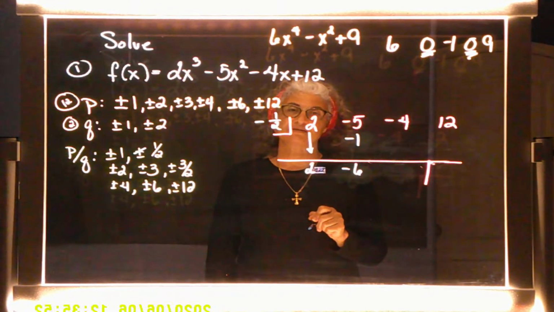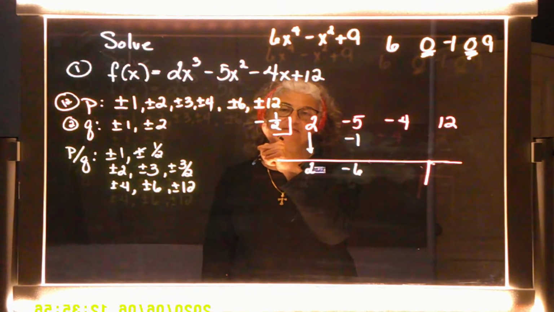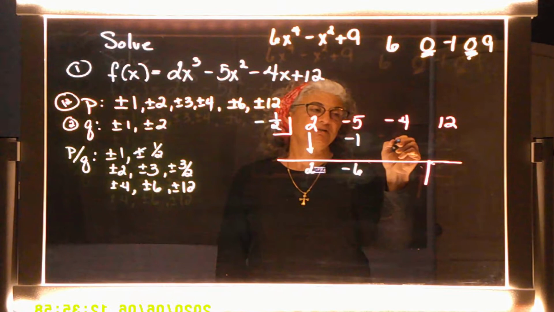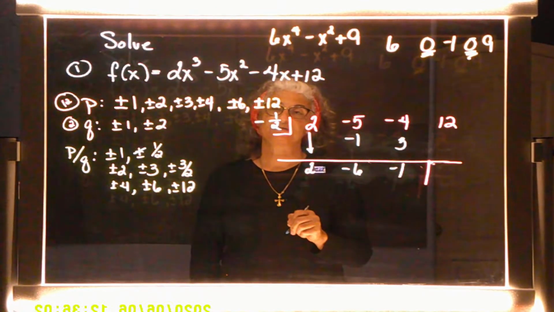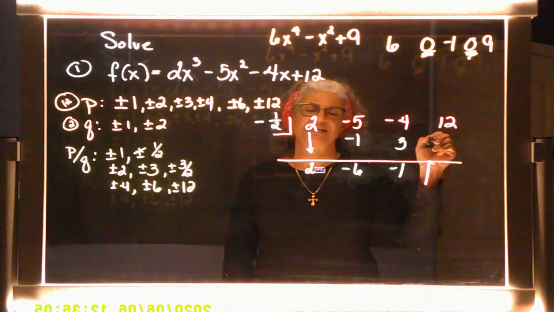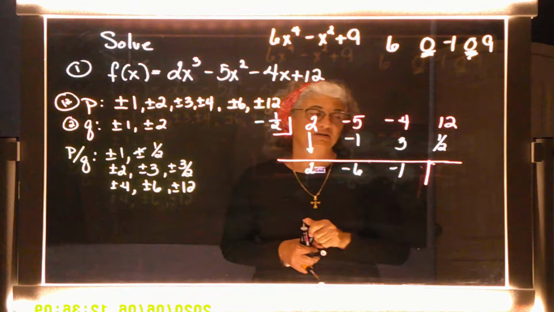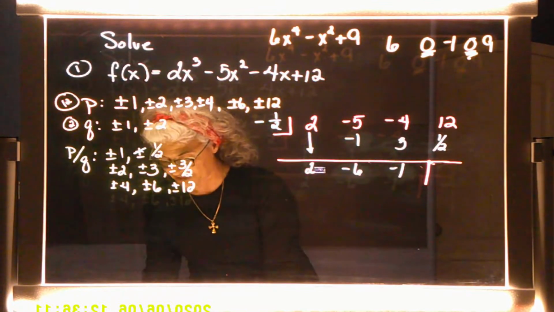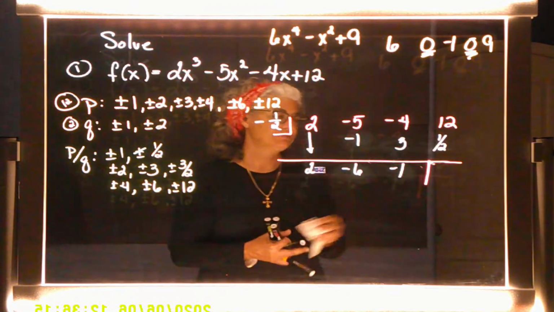Excellent, negative 6. And then I do the negative 6 times the negative 1/2. Yes, positive 3. Right? Which gives me negative 1. And I multiply those and I get a positive 1/2, which I don't even have to add. I know it's not going to work because I ended up with a fraction. So forget that one. Okay, so 1/2 is not working at all.